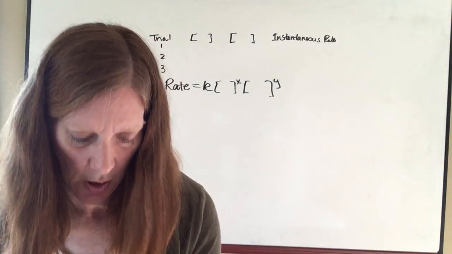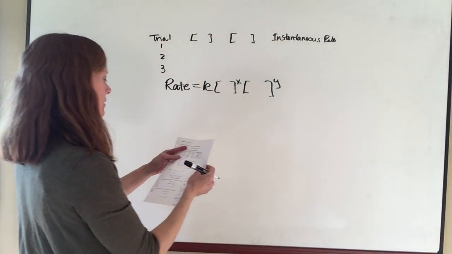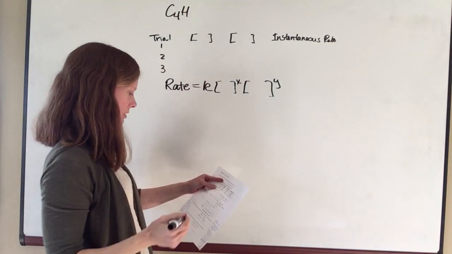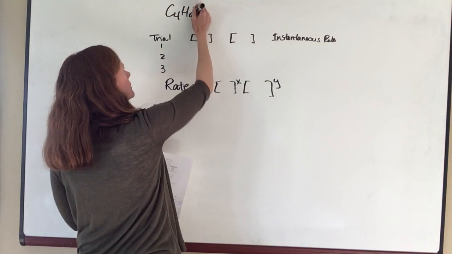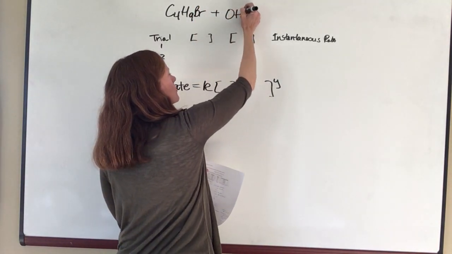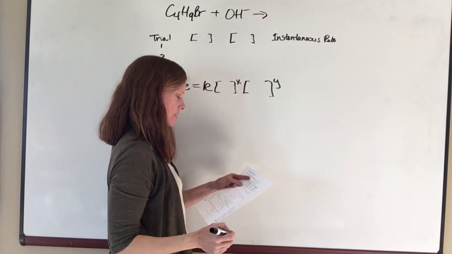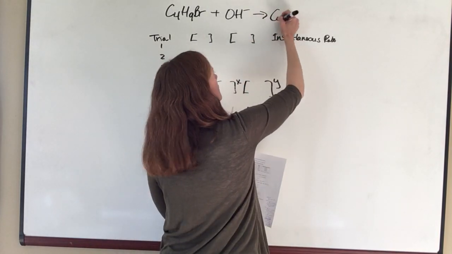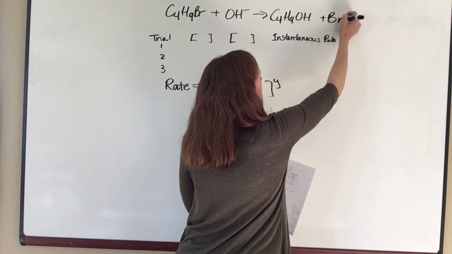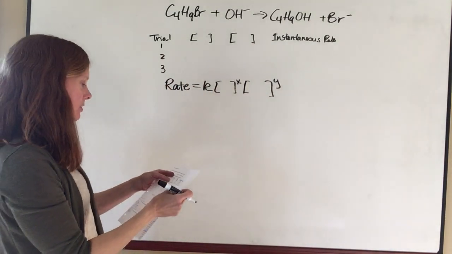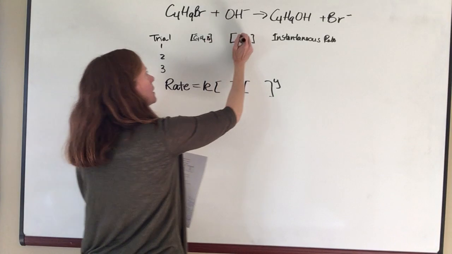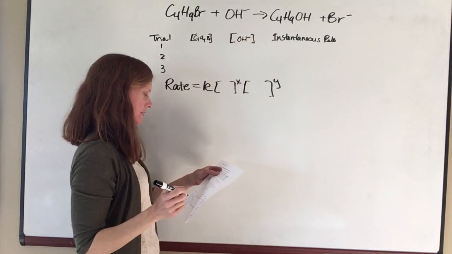So this time, our reaction is C4H9Br plus OH minus yields C4H9OH plus Br minus. And I'm just going to throw this information up here really quickly, again, so that we can see it.